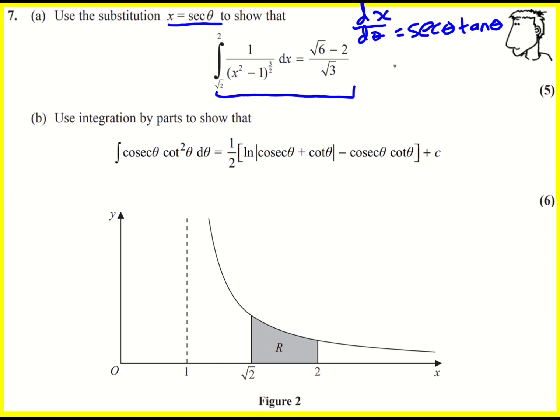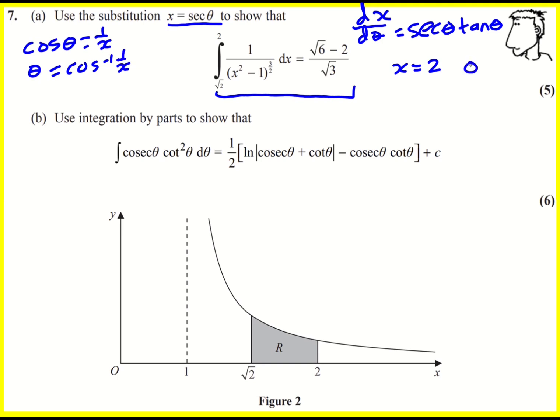Okay, and then we've got that x is equal to 2. So, hold on. That means that cos theta is 1 over x. So theta is inverse cos of 1 over x.